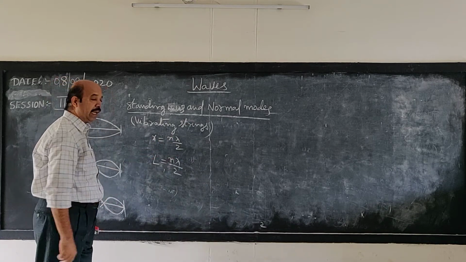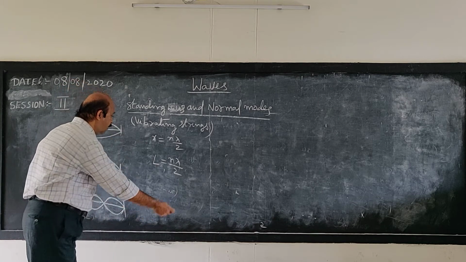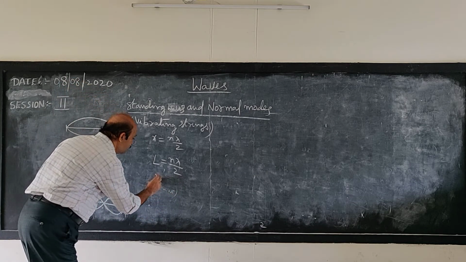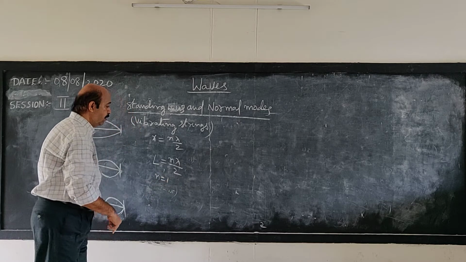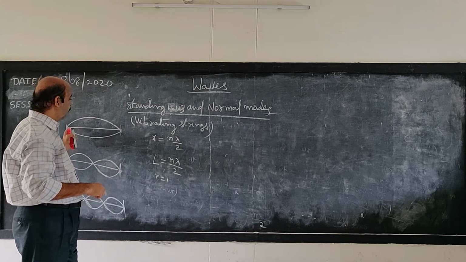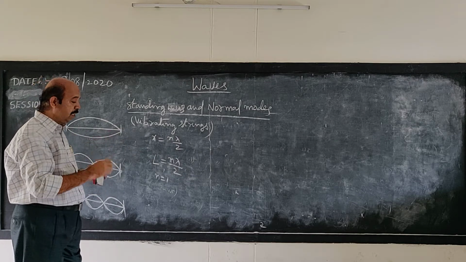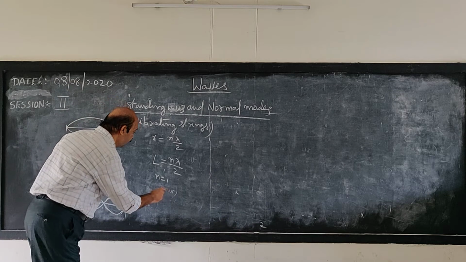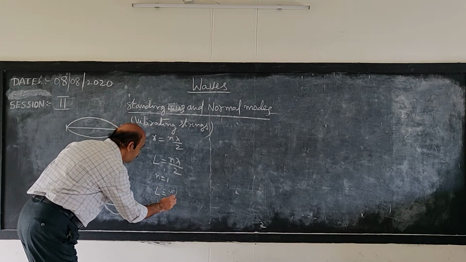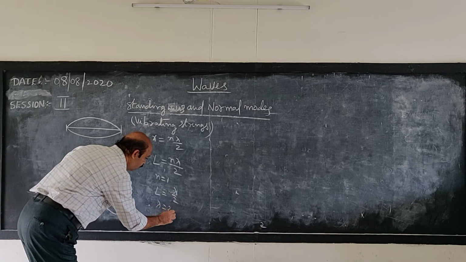Therefore, L is equal to n lambda by 2. If n is equal to 0, it is the first fixed point from which the waves are being considered. So for n is equal to 1, we get L is equal to lambda by 2, or lambda is equal to 2L.